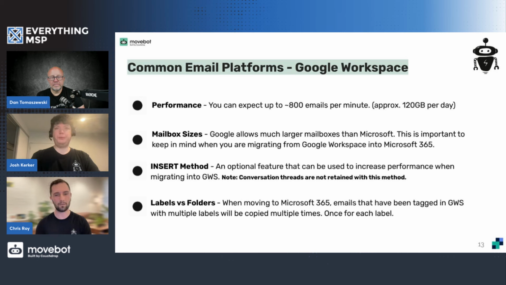What's important to keep in mind is that when you're transitioning from Google Workspace into Microsoft, if an email has been tagged with multiple labels, it would be added multiple times, to each of the respective folders for those labels in Microsoft. Those labels would become folders, and you'd have a copy of the mail in each folder. That's one that people are often curious about.